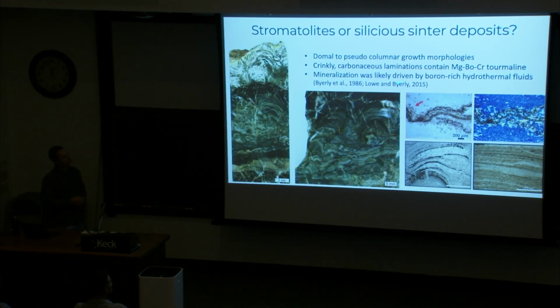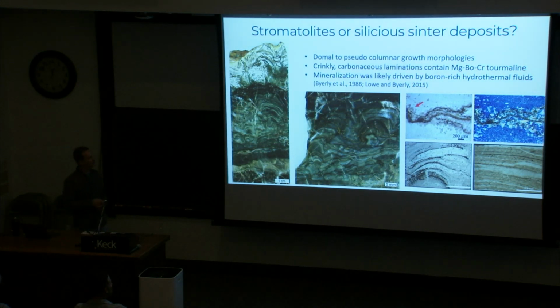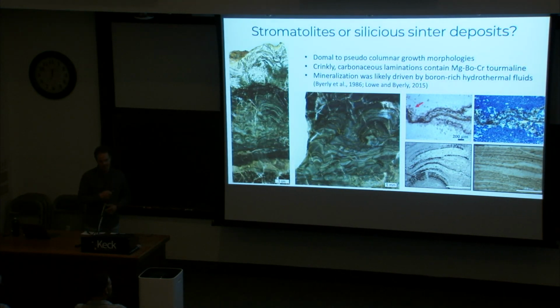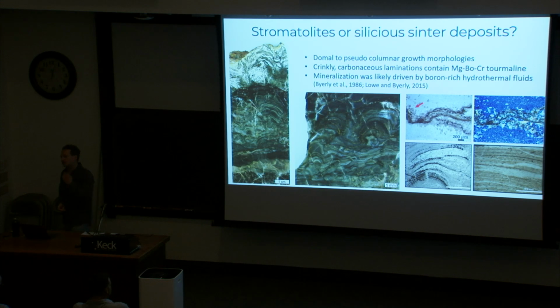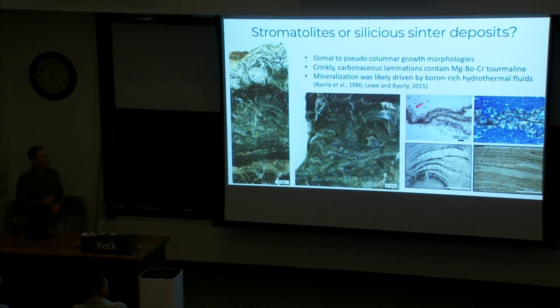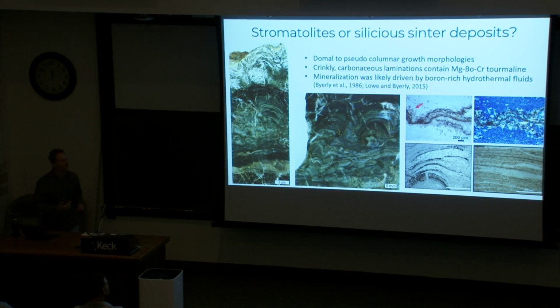These tourmalines are magnesium, boron, and chromium rich, and it has been postulated that this tourmaline mineralization was likely driven by boron-rich hydrothermal fluids. So the question is, are these stromatolites or are these maybe just abiogenic sinter deposits? It's still an ongoing debate.